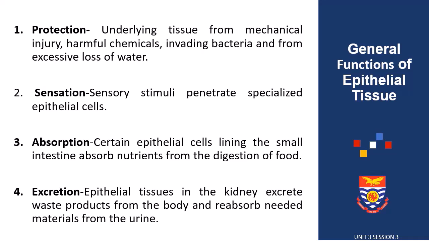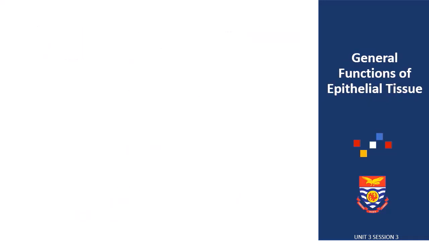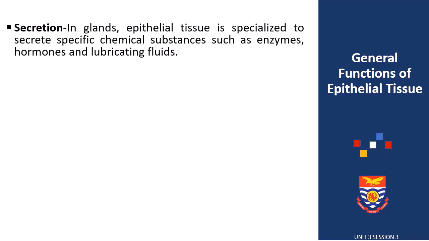Some epithelial tissues are also involved in secretion, and the epithelial tissues found in glands are specialized to secrete specific chemical substances, which include enzymes, hormones, saliva, and some lubricating fluids.